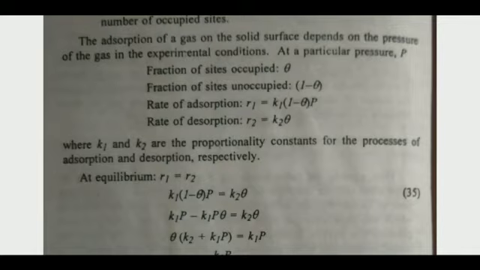In the above equations, K1 and K2 are proportionality constants for the processes of absorption and desorption. Equilibrium is achieved when R1, the rate of absorption, is equal to the rate of desorption. The values are substituted in the equation: K1 into 1 minus theta into P is equal to K2 theta.